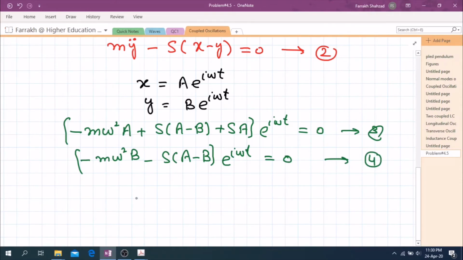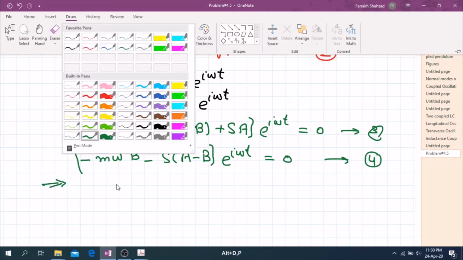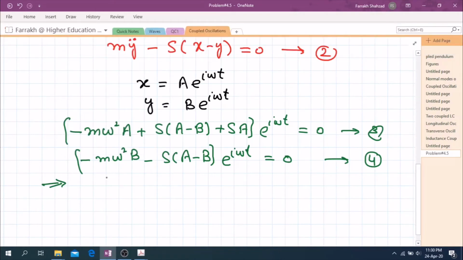I will separate the values of A and B so that I can take A and B common from these terms. So it will be minus m ω² A plus SA minus SB plus SA equals 0.